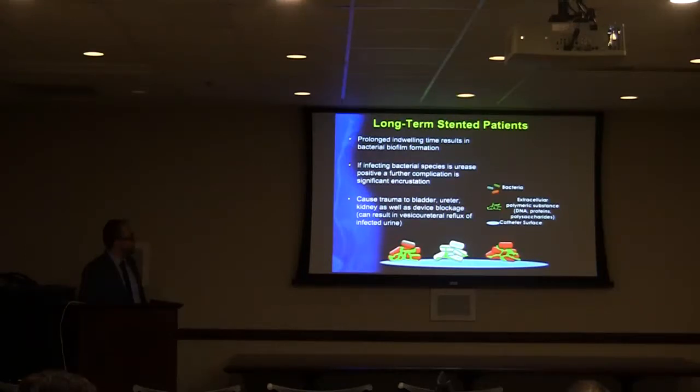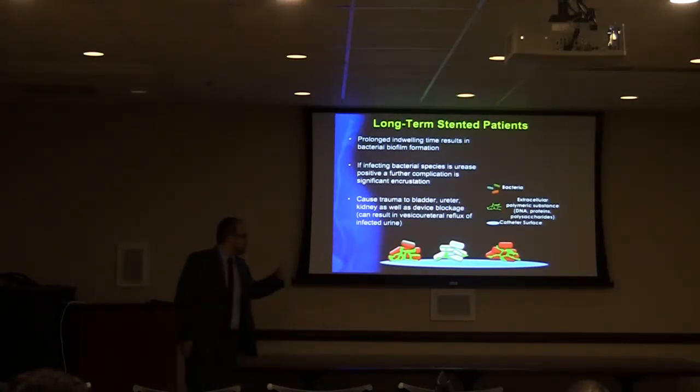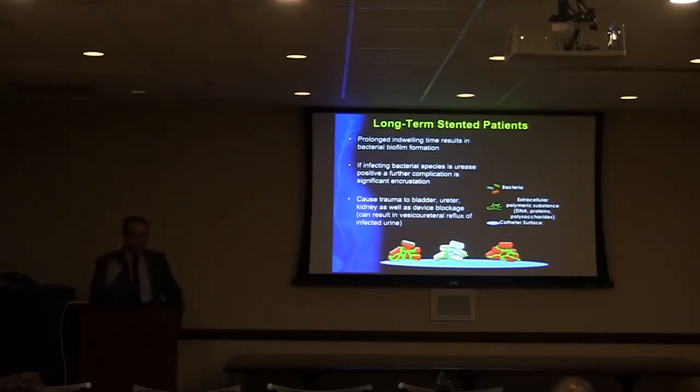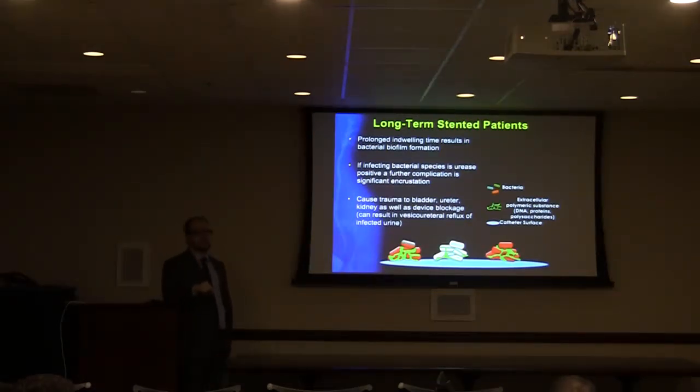exopolysaccharide. So basically what you get is this extracellular polymeric substance, which is basically carbohydrates, so sugars, polysaccharides, and junk. Anything the bacteria doesn't want. Waste DNA, if you will, it just puts it all in there. And that is exactly what causes the problem.